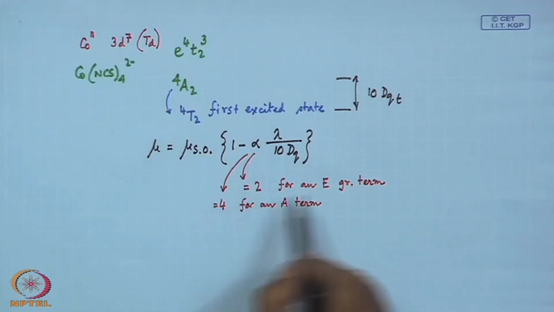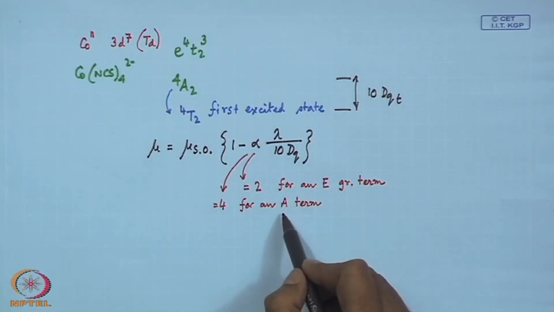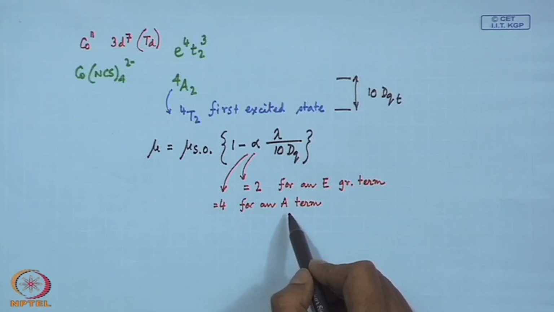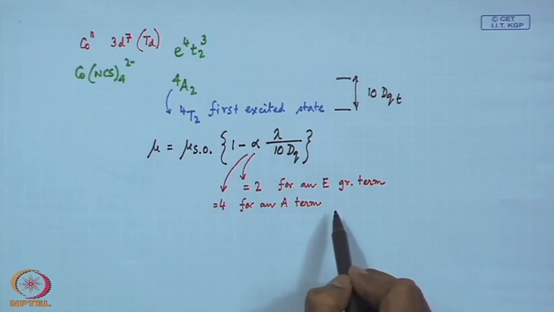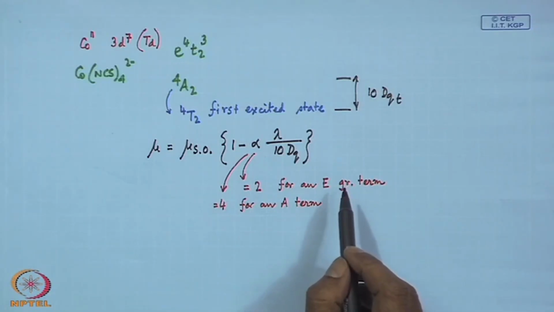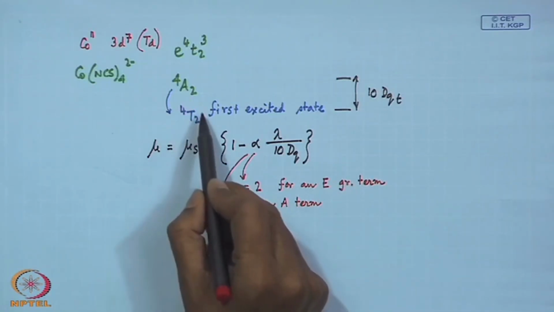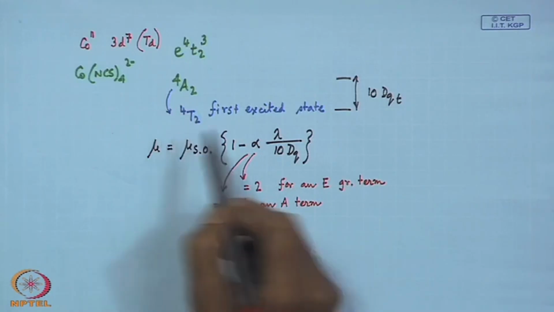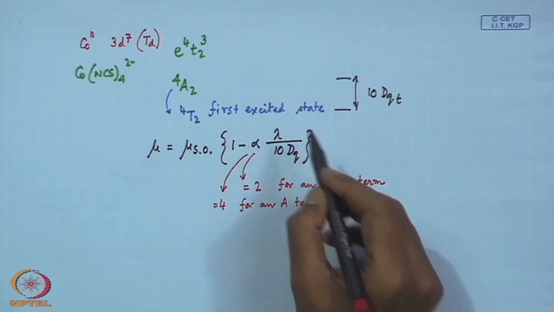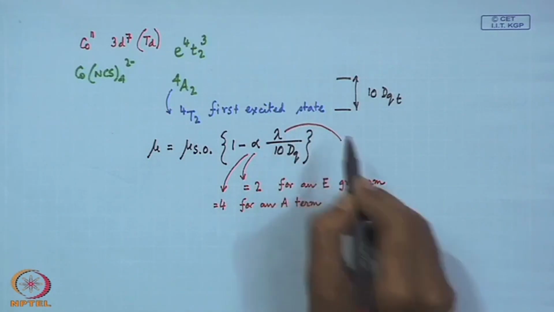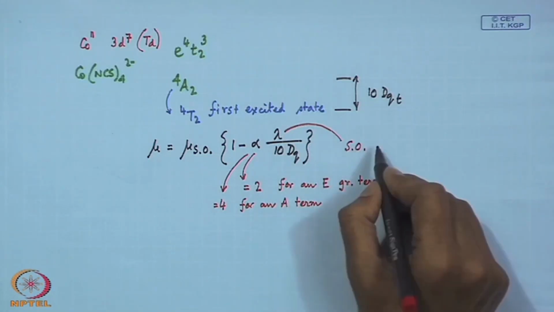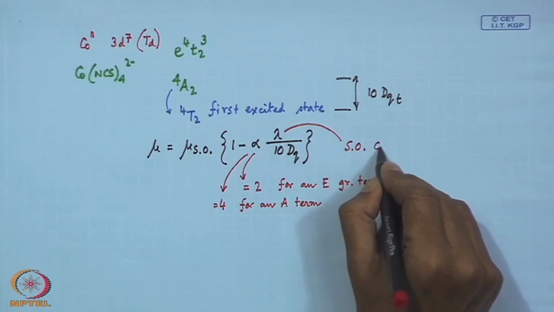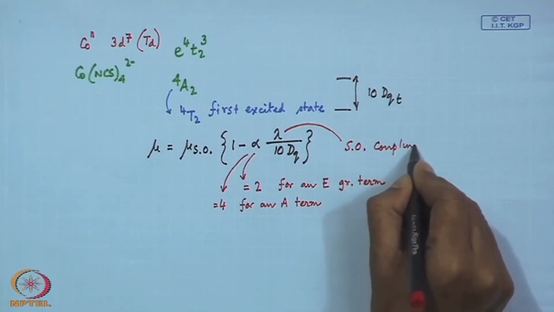So, this A term and E term will not contribute any orbital contribution to the spin only value, but a T term can contribute, and these T terms arise as excited state terms. Therefore, we can find from here the lambda value, which is nothing but the spin orbit coupling constant.